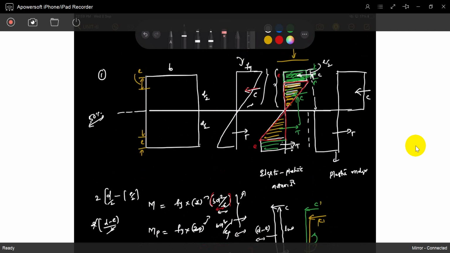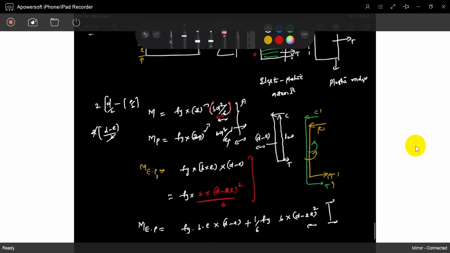E is now D by 4, 50% reaches. Like this, I will develop it.